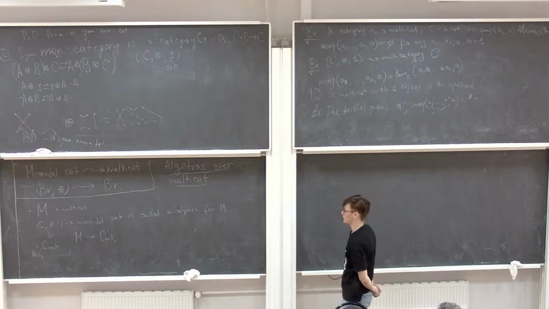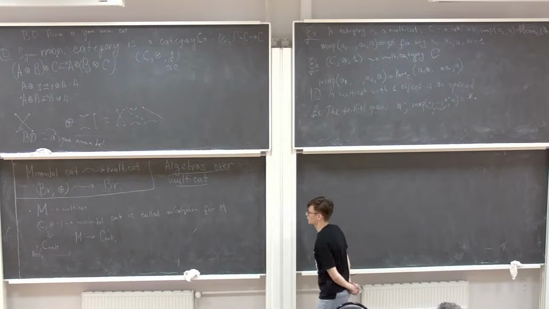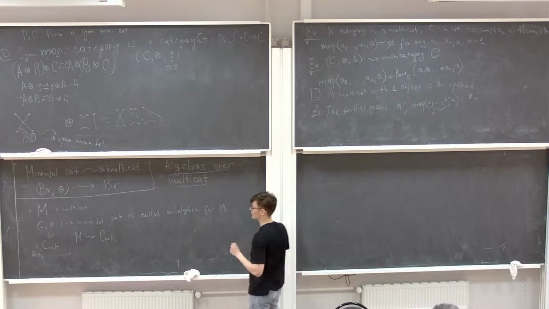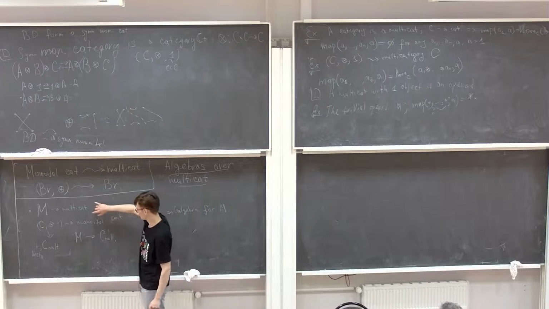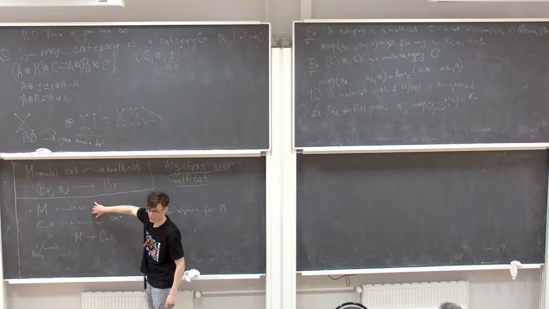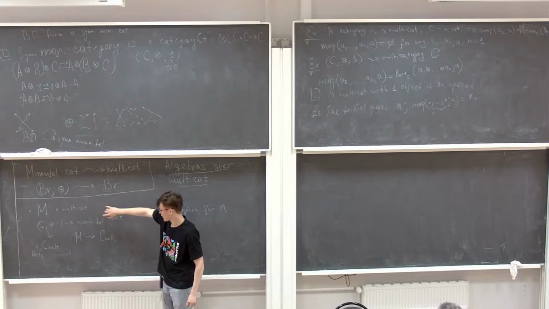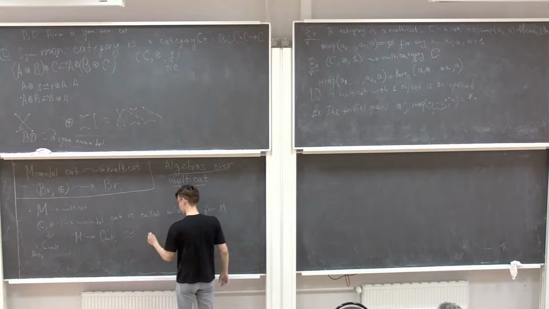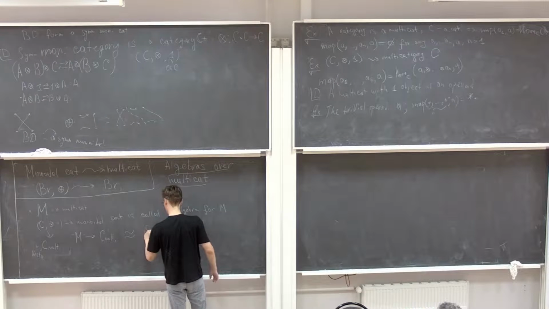And if M was a multi-category that corresponded to a monoidal category, then this is the same thing. It's a theorem, but it's the same thing. That's just a monoidal functor.